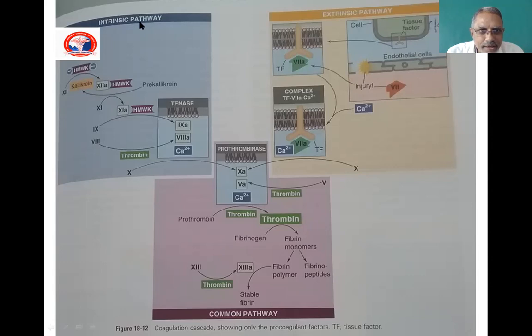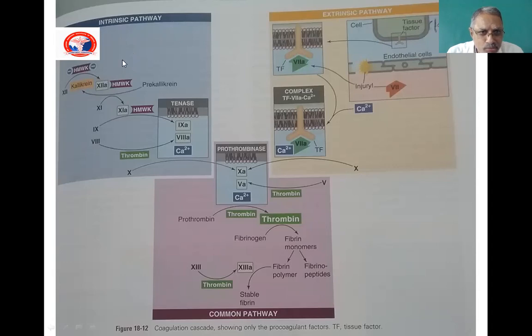If the injury is trivial, then the intrinsic pathway is involved. Intrinsic means in relation to the blood vessel. The blood vessel is not breached, but what could be lost is the endothelium lining the blood vessel.